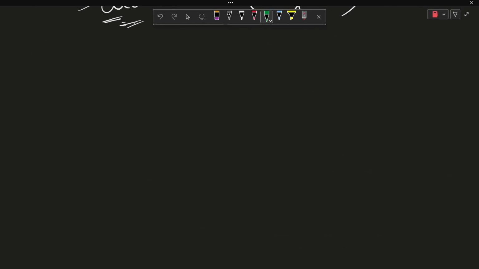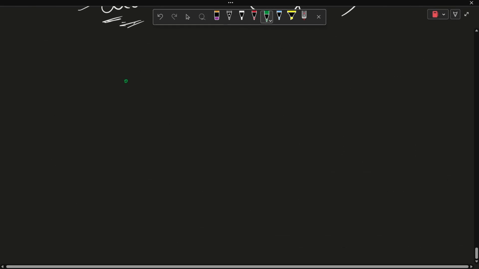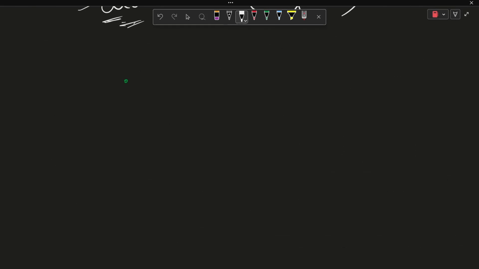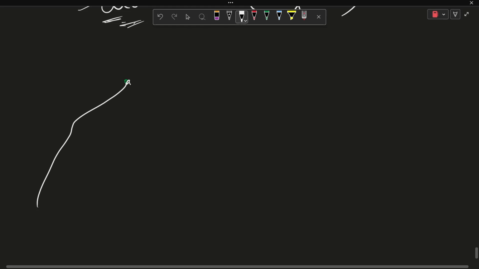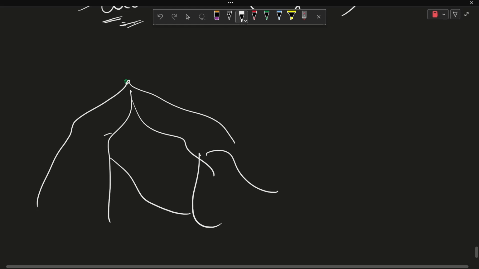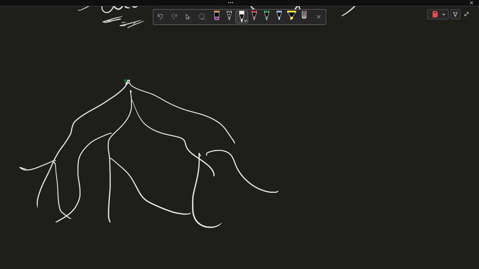Let's say I have one tree. I am showing the tree like this. I hope you are able to recognize this is a general tree. These are nodes, and the edges won't be intersecting. This is some general tree, and these are nodes and all.